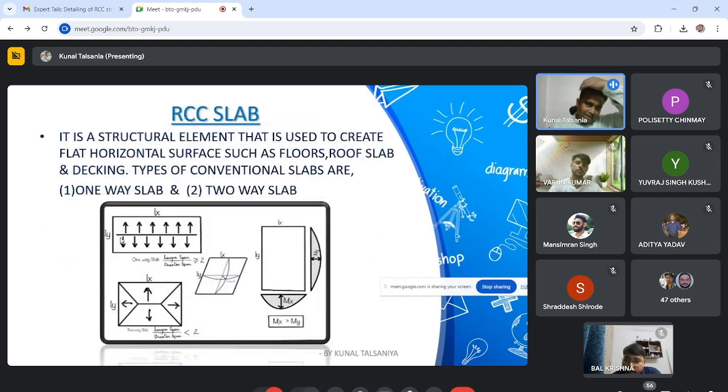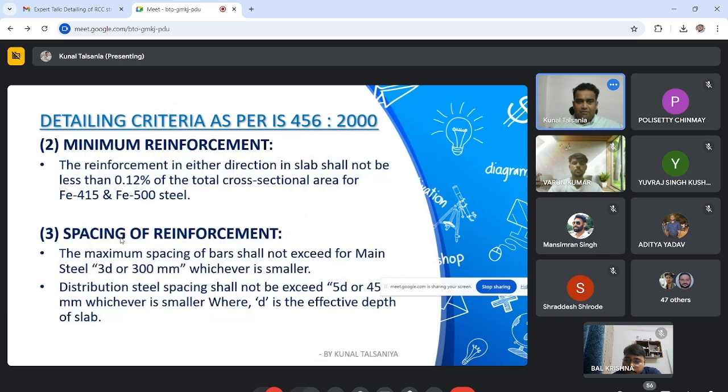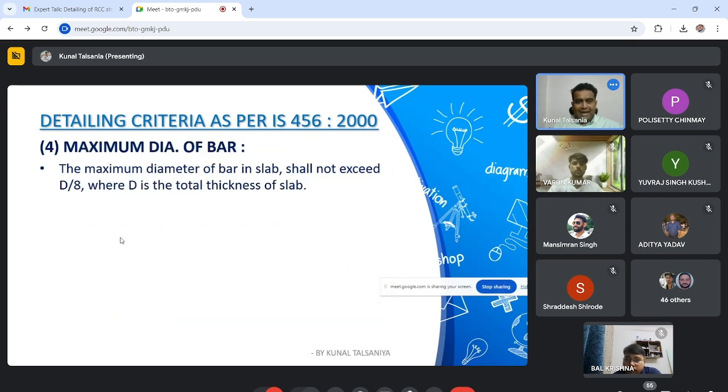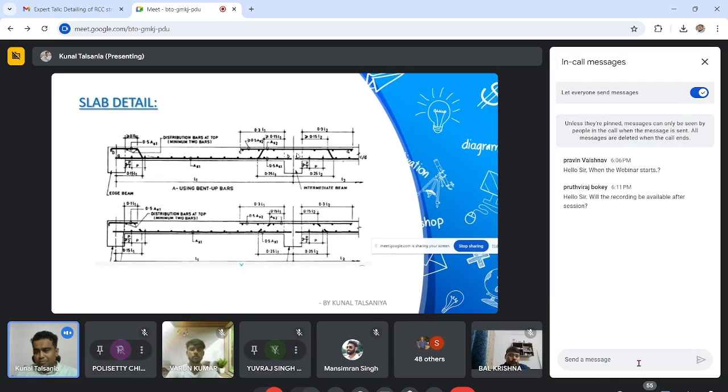We have started with mainly two types of slabs, one way and two way. Then we have seen the nominal cover requirement. We have seen the minimum reinforcement required, which is 0.12 percent, the maximum spacing required, which is 300 mm, and that the diameter of bar cannot exceed D by 8. This is the standard slab detail which you have to follow from SP34.